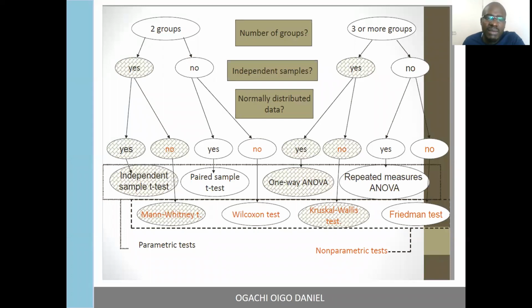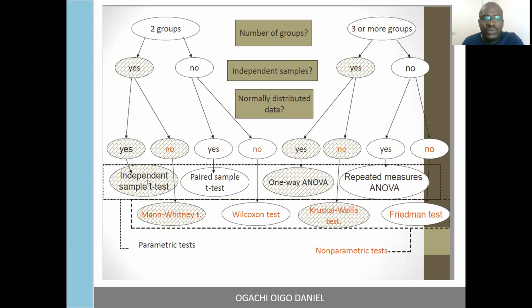This table gives a summary of what we need to know when selecting a test for our hypothesis. If we have 2 groups, and these 2 groups have independent samples, and the data is normally distributed, then we conduct an independent sample t-test.